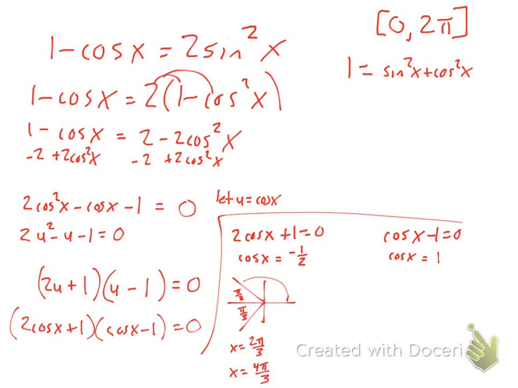There's 2 answers. This one's an easy one. When does cosine equal 1? Only there, isn't it? So, x is equal to 0. How many answers? Just 3. And you're done.